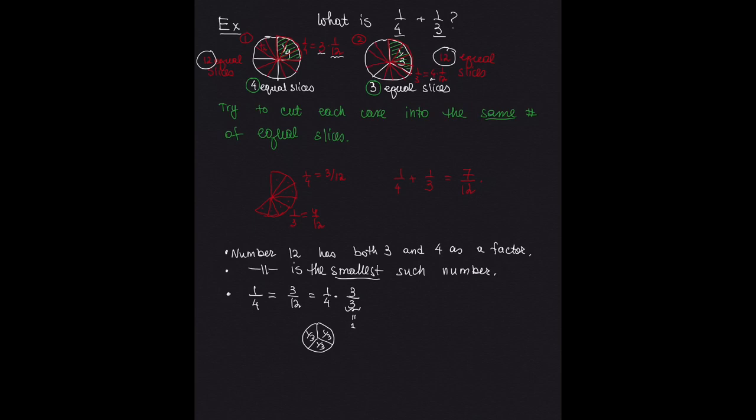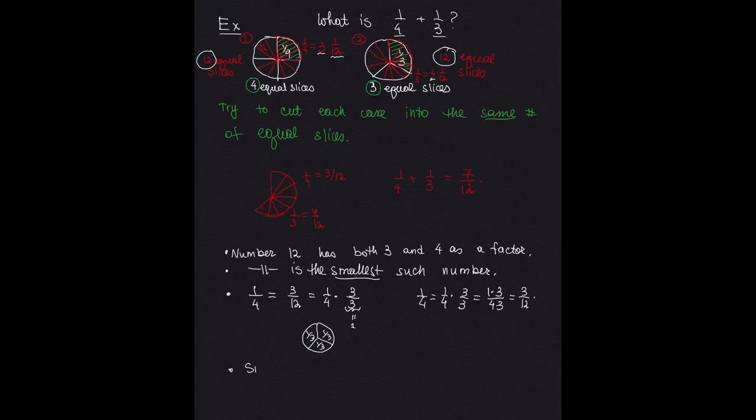And we know that if we multiply something by 1, we don't change anything. So 1/4 times 3/3 is the same as 1/4. And then we can multiply 1/4 by 3/3, and we get 3/12. So this is how we could figure this out without drawing a cake.